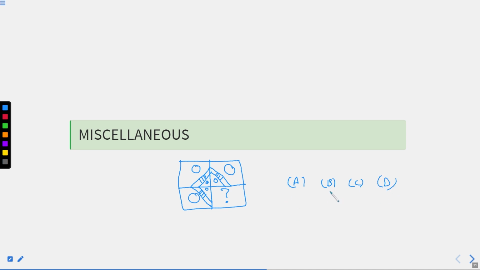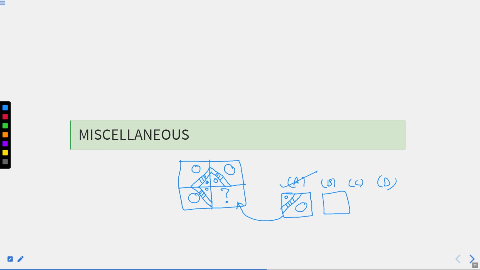So in whichever option you find a figure like this, a bigger circle, a smaller circle, and 4 lines, you fix it here and complete the figure, hence that option will be your answer.